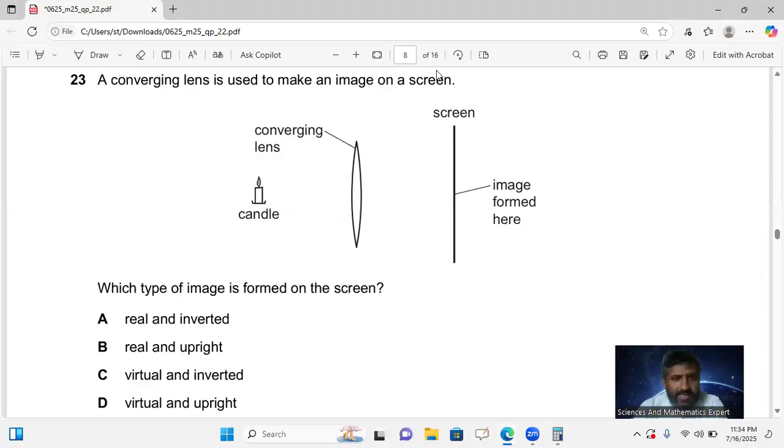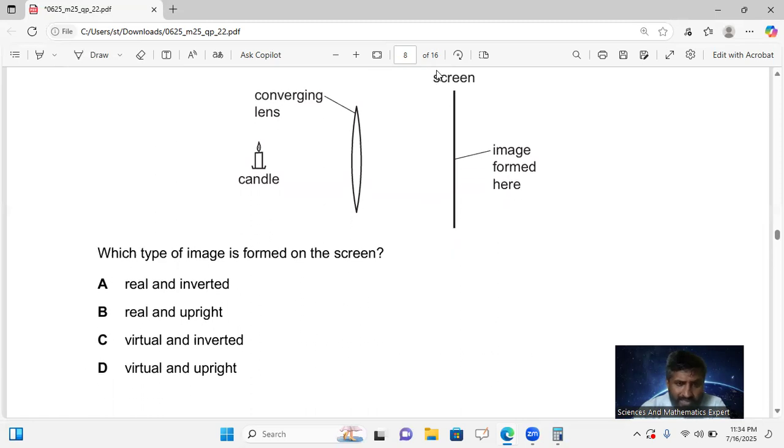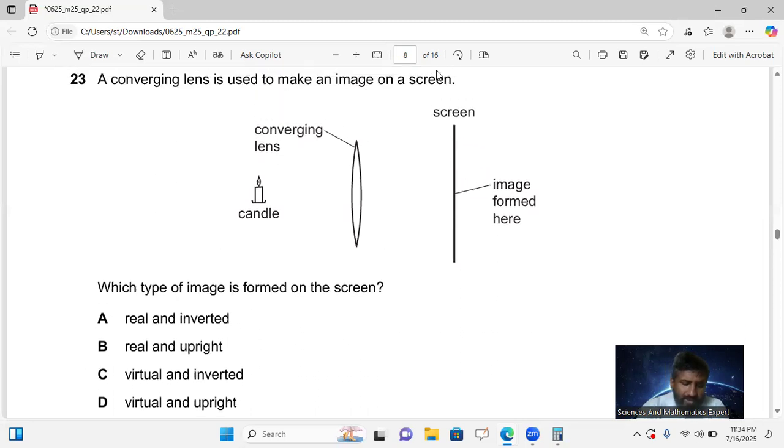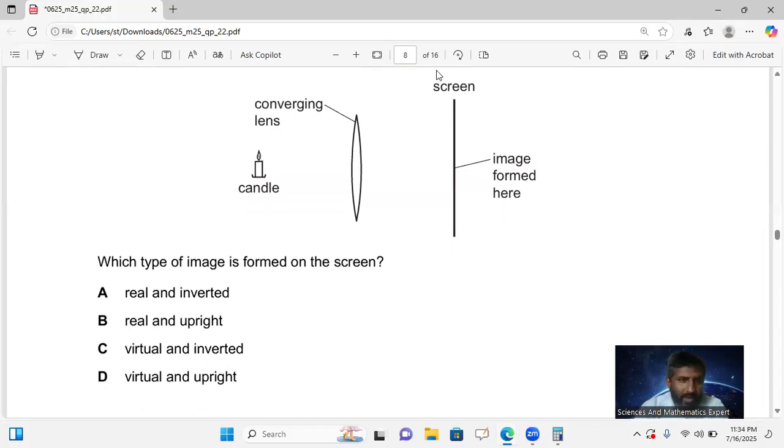A converging lens is used to make an image on a screen. Which type of image is formed on the screen? So converging lens is there, candle is placed over here. Then we can say which type of image will be produced on the screen. So I will say here that it will be real and inverted.